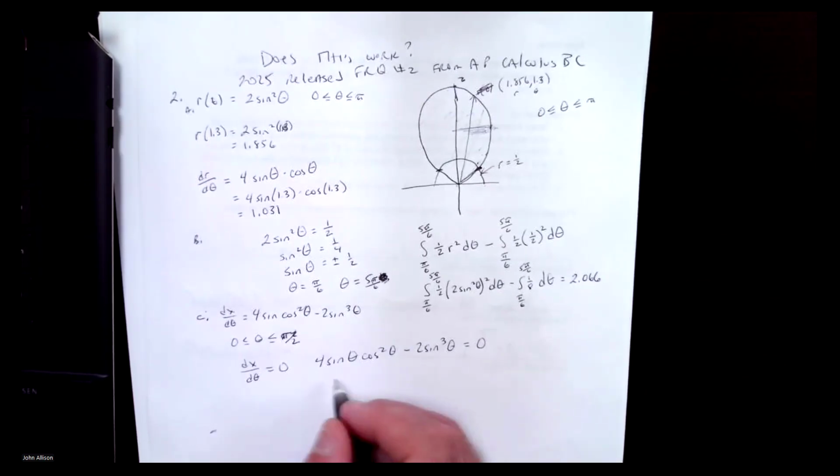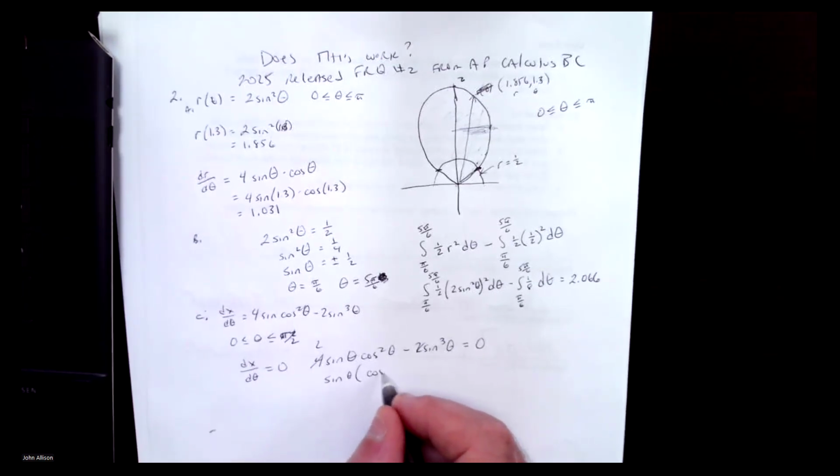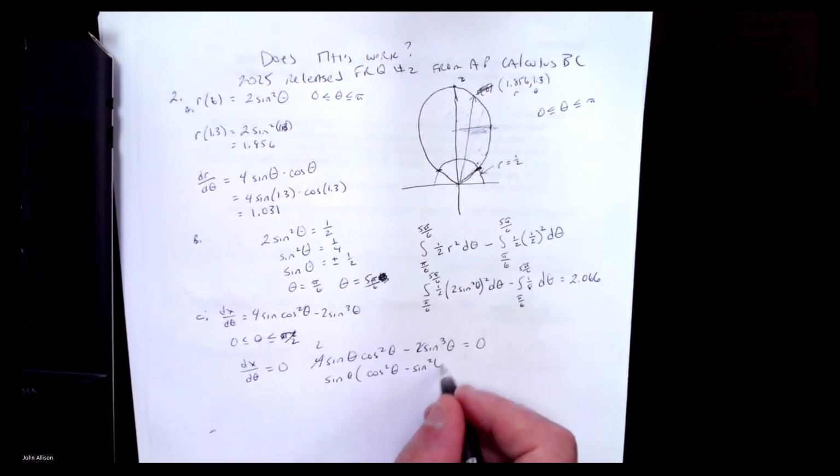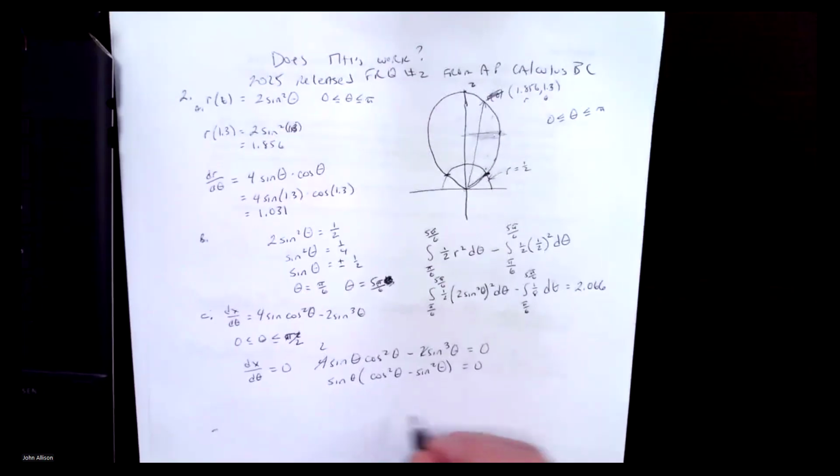All right, I'm going to divide by 2 first. I'm going to factor out the sine. So it's going to be sine theta times cosine squared theta minus sine squared theta equals 0. I know by my trig identities that cosine squared theta minus sine squared theta is cosine 2 theta.